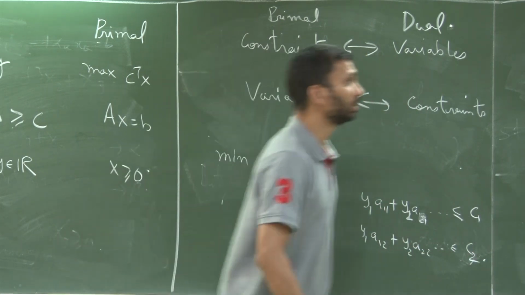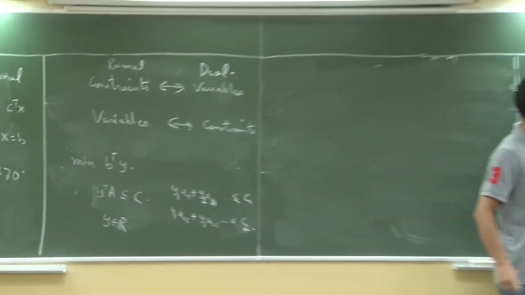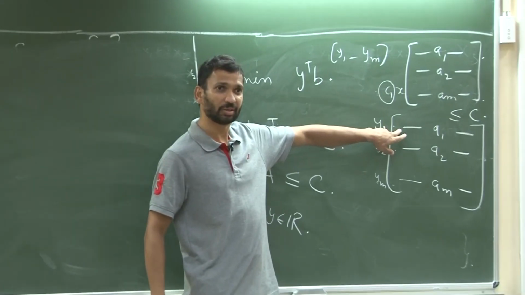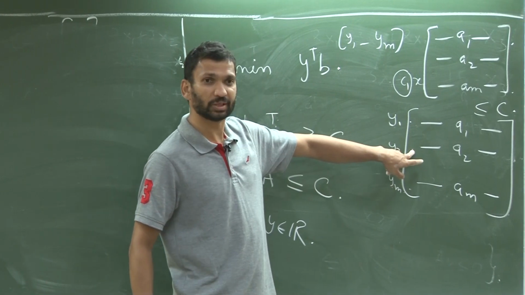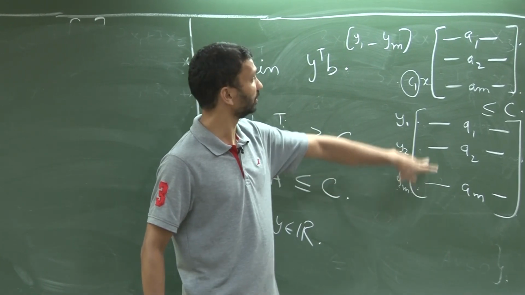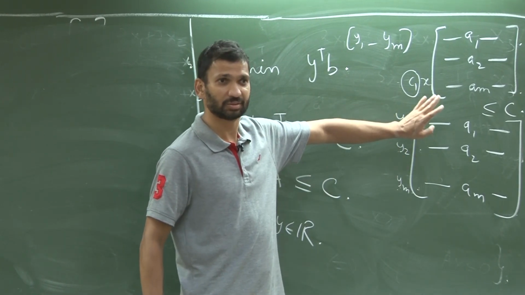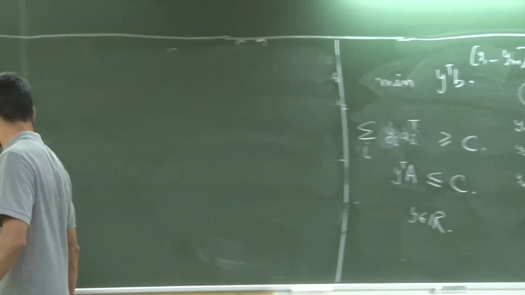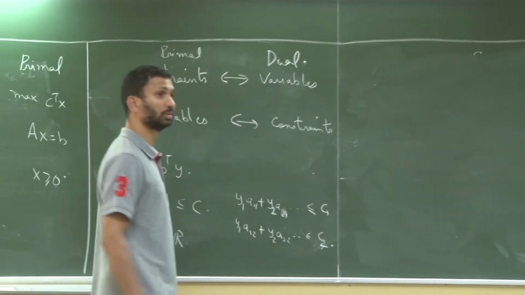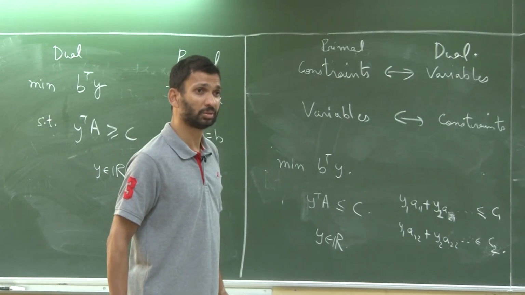Y1 A11 plus Y2 A21 up to Ym Am1 should be less than C1. Okay? That you cannot, I hope, argue. Right?